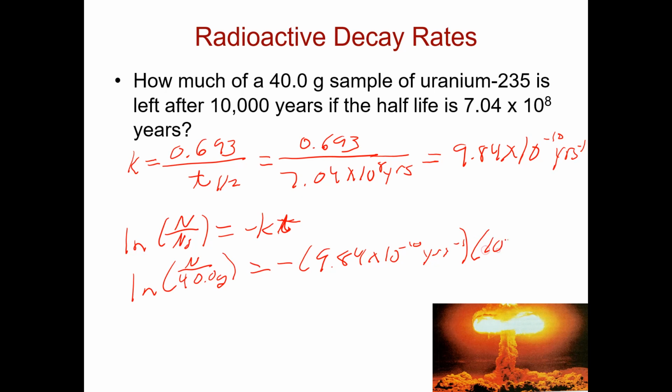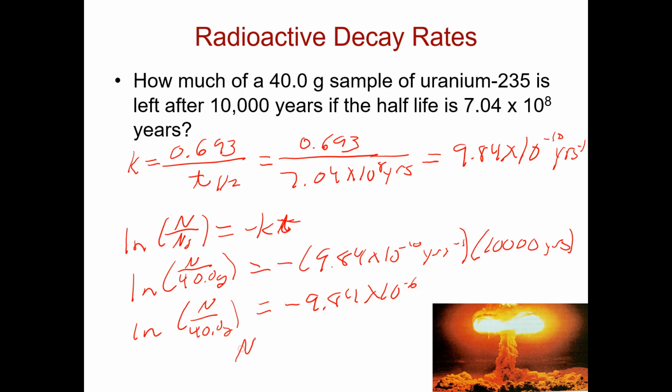And we have 10,000 years that have passed. So if I take the natural log of n over 40 grams, and if I multiply 9.84 times 10 to the negative 10th times 10,000, I get negative 9.84 times 10 to the negative 6th.